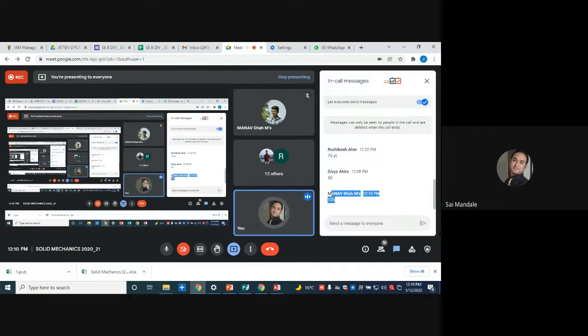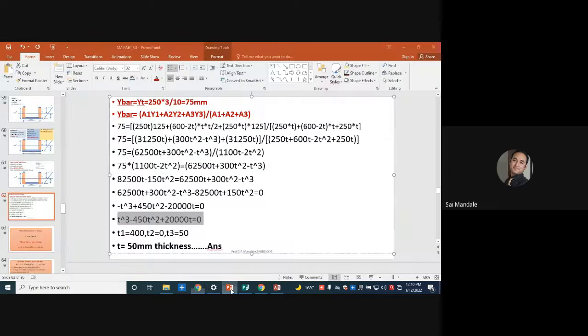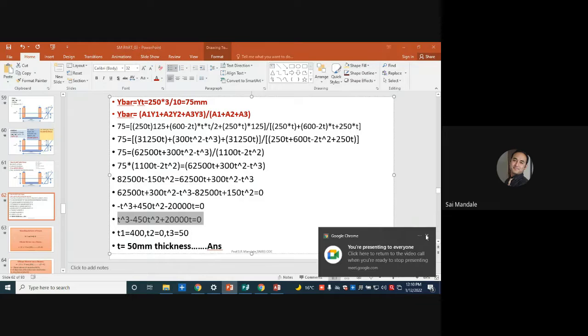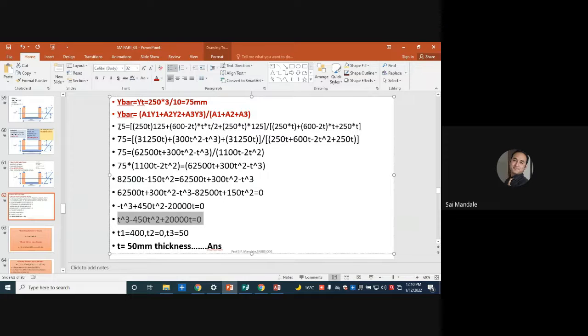It is absolutely wrong answer, Shah. You have to put everything properly. Look at the equations. You have to properly put the equations. Until and unless you do, the answers will not come properly. This is the equation.